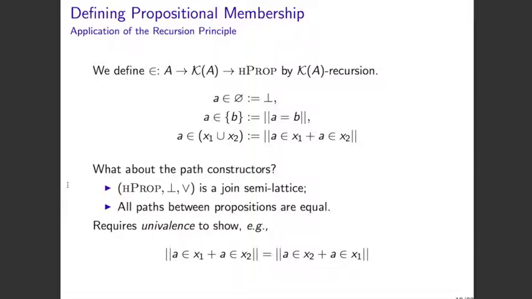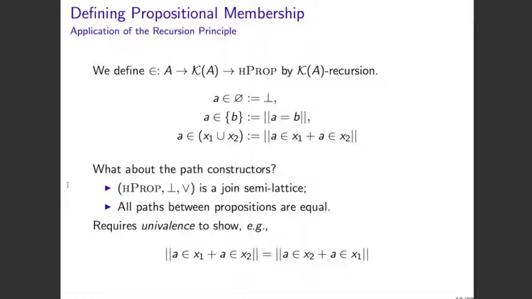For the union case, we know that a belongs to x1 union x2 to the extent that a belongs to x1 or a belongs to x2. And again, here we do this by forming a sum type and truncating it into a proposition.